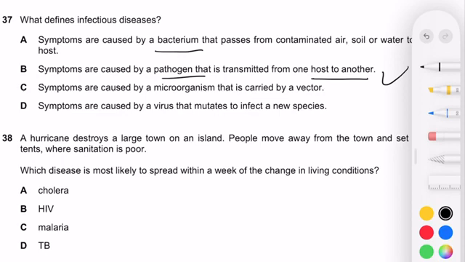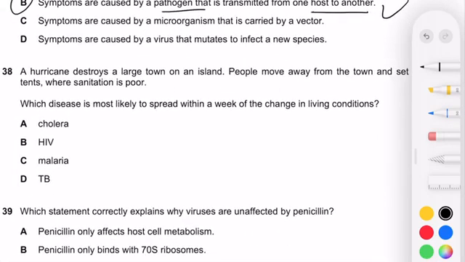Symptoms are caused by a virus that mutates to infect a new species. Again, not necessarily. It could be caused by a virus, by a protoctist, so anything really, just basically any type of pathogen that comes into your body, as long as it can be transmitted from one person to another and it's caused by a pathogen, that is an infectious disease. A non-infectious disease example is cancer, sickle cell anemia.